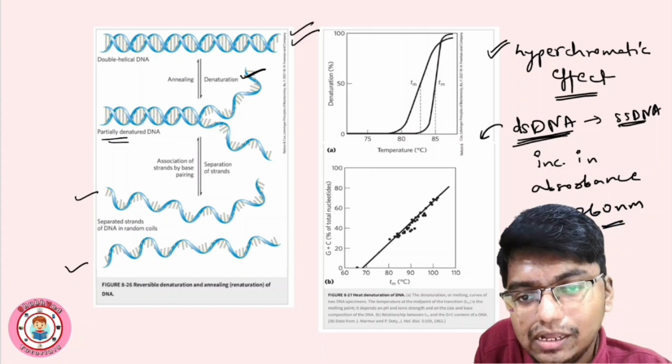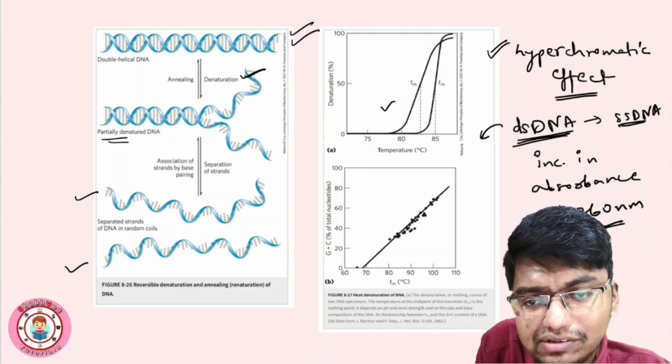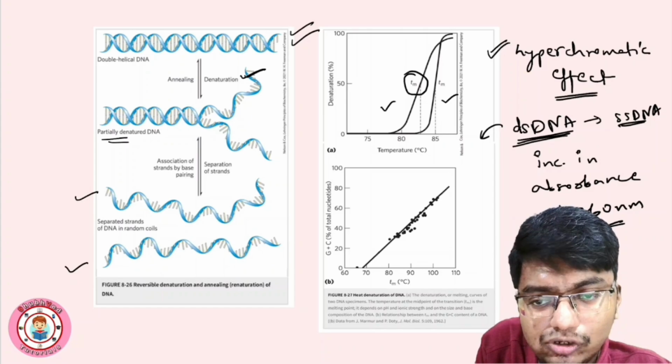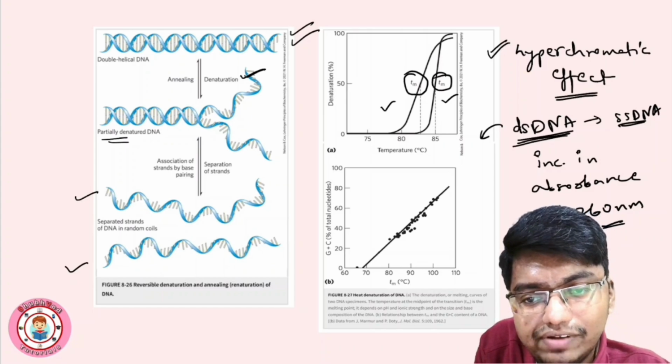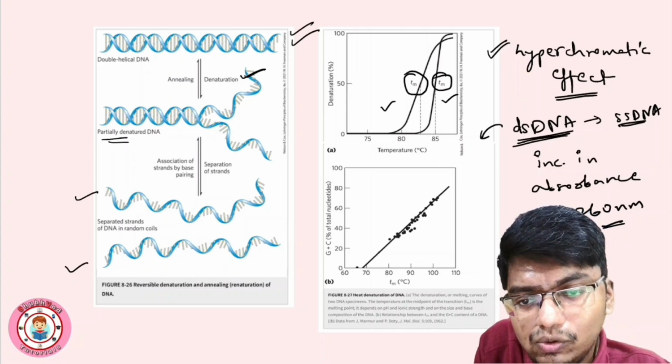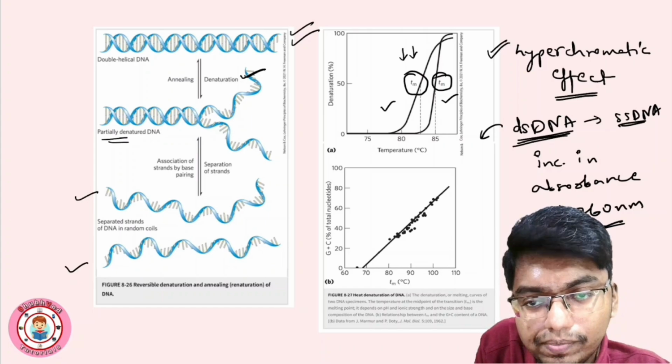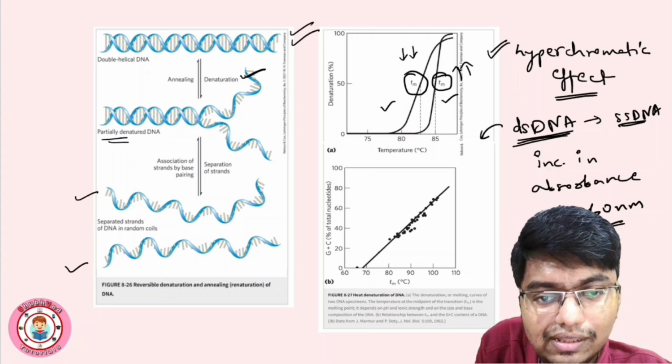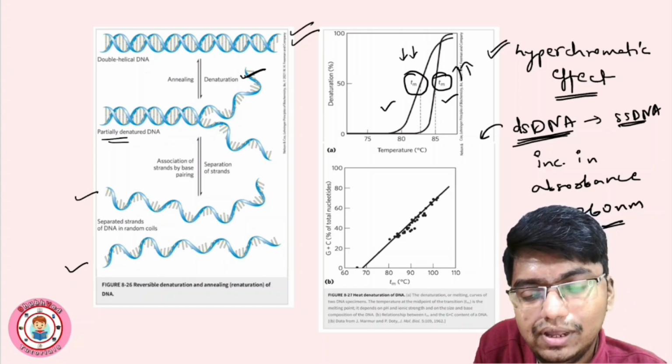Right. Now here are the graphs of two DNA structures. You can see the Tm, the melting temperature, is different. This one is lower, this one is higher. Why so?